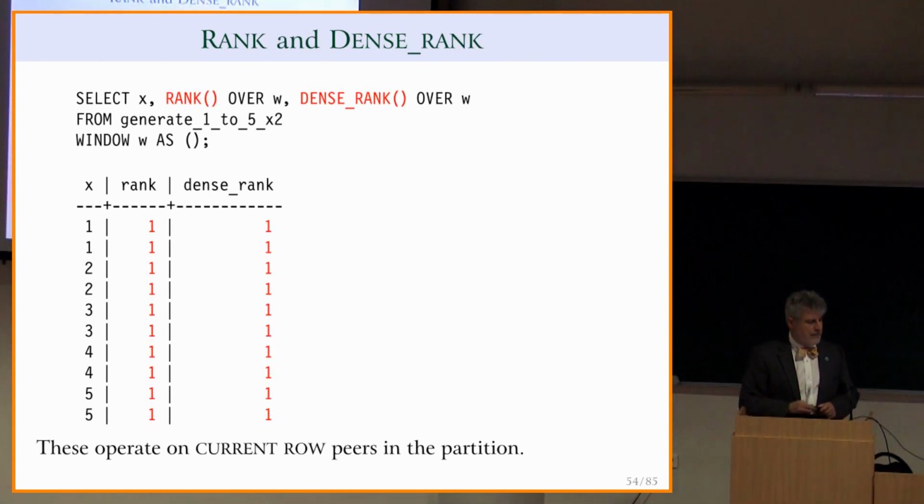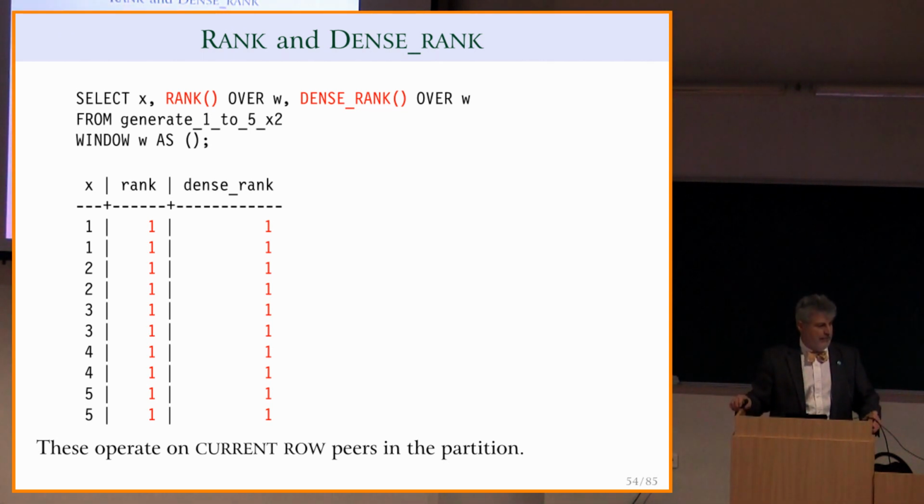So, here's another window-specific function. It's related to something called ranking. What ranking is designed to do is to place the values in a certain ordering and number that ordering. So think of people who finish a race: the first place, second place, third place person in the race.